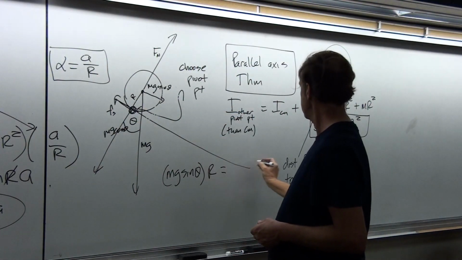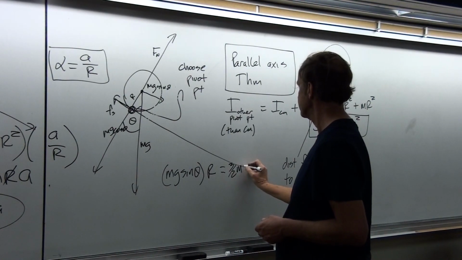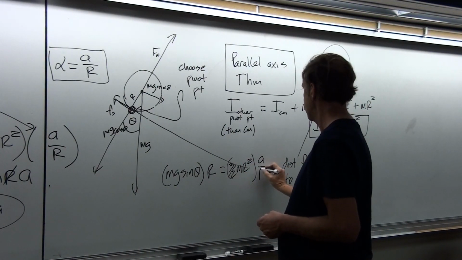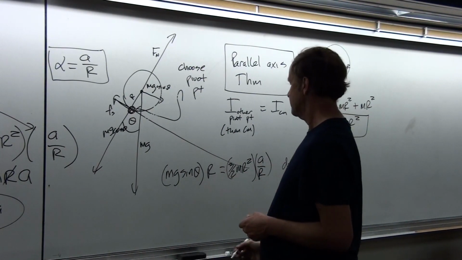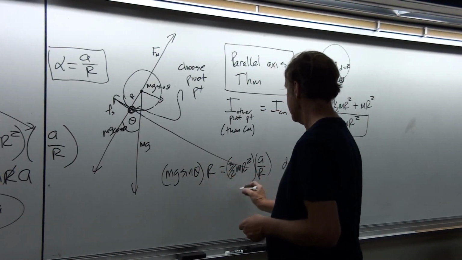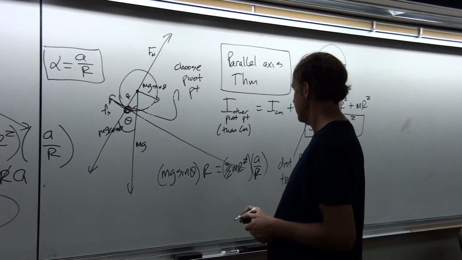So that's a torque equals I. So now for I, we need to plug in 3/2 mr squared times alpha, which again we'll call a over r. And so we'll notice here then that the m's will cancel and the r's will cancel, just like before. So here we have an r squared and an r canceling.